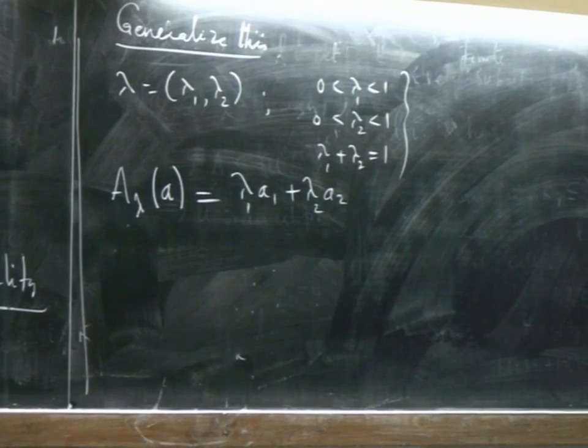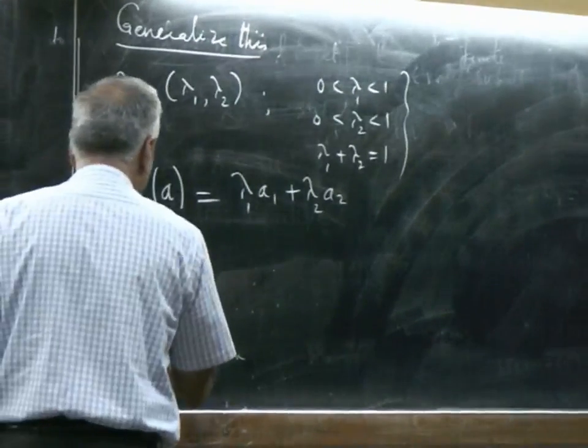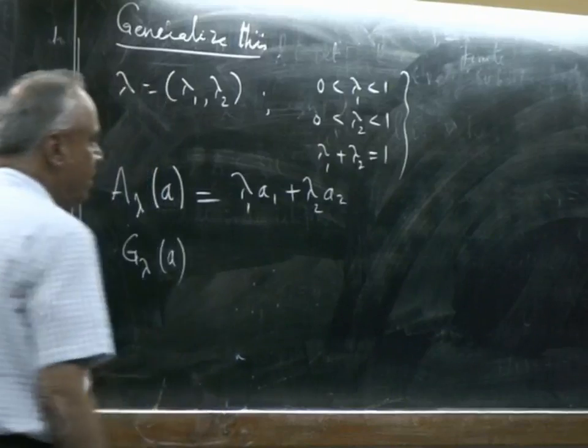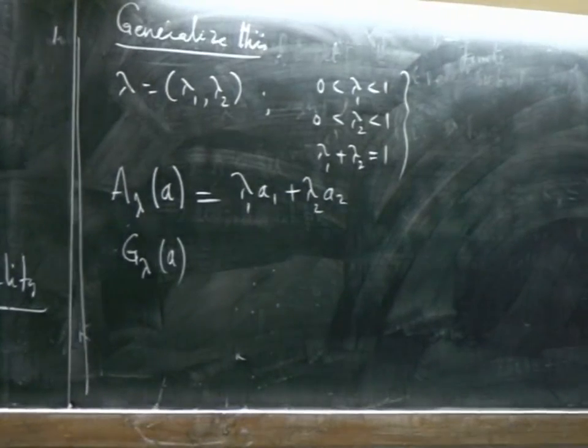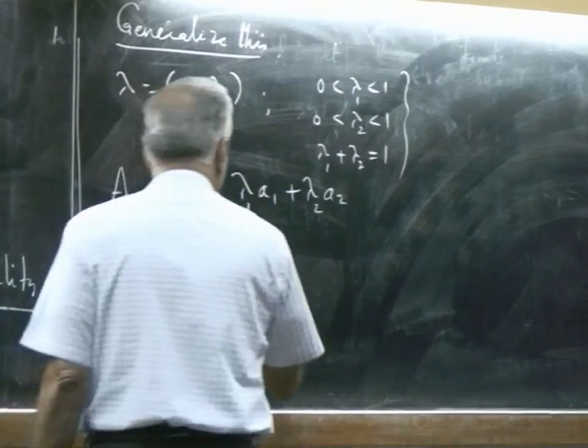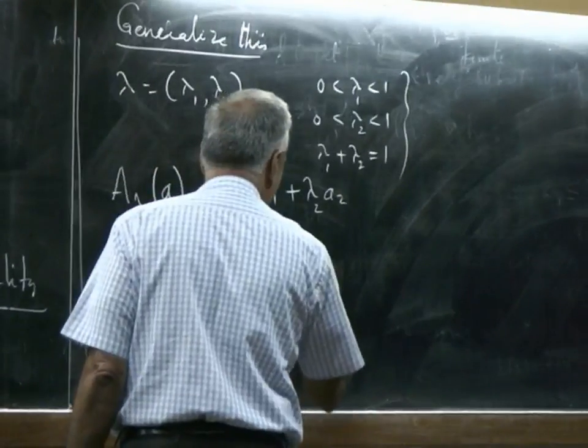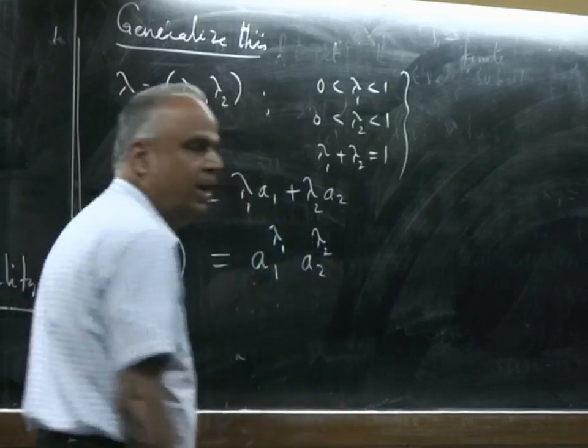Okay. What about the geometric mean? What will happen here? Take the logarithm, instead of half I will put lambda 1. So, this will become a1 to the power of lambda 1, a2 to the power of lambda 2, and then the anti-log. So, this will be a1 to the power of lambda 1, a2 to the power of lambda 2.